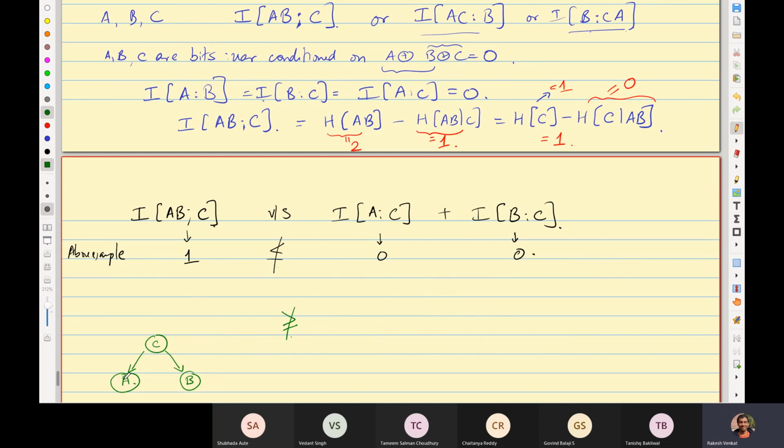Maybe there's a simpler example. Yeah, so even this set does not hold. I don't have an immediate example in mind. I thought this would work, but it does not seem to.